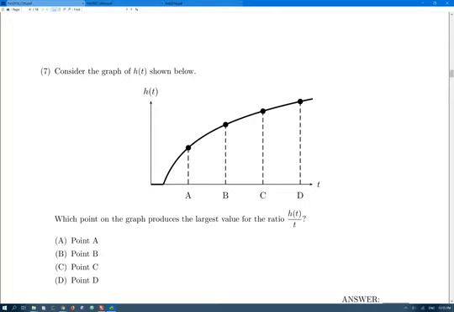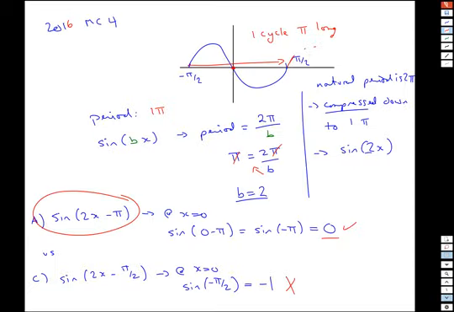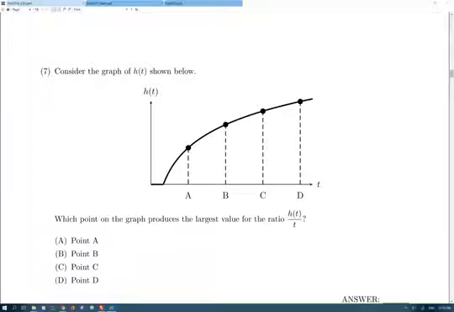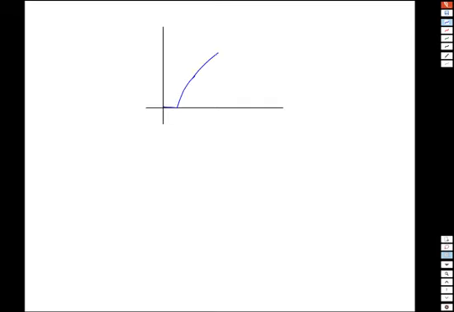All right, so the key thing for this problem is to recognize what h over t is or how you can see it on the graph. So I won't be able to do a perfect sketch of that graph, but it starts there and goes like that. If you have the graph or the value h of t over t, from Unit 7, we don't expect you to be able to have discovered this on your own.